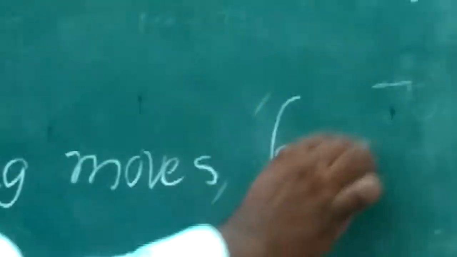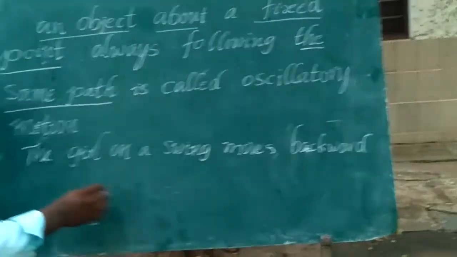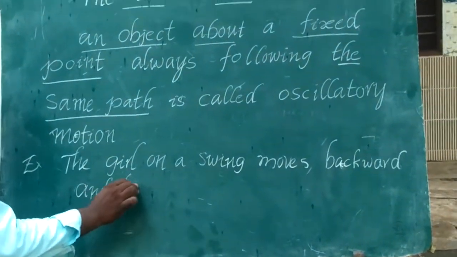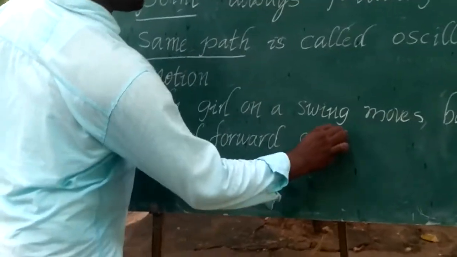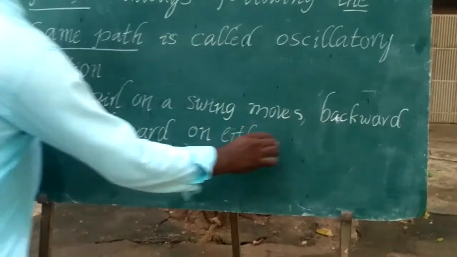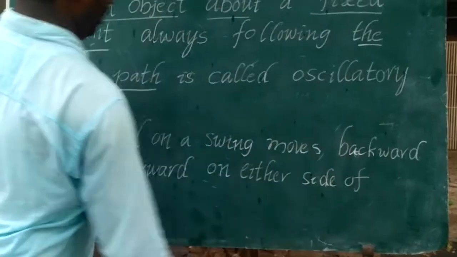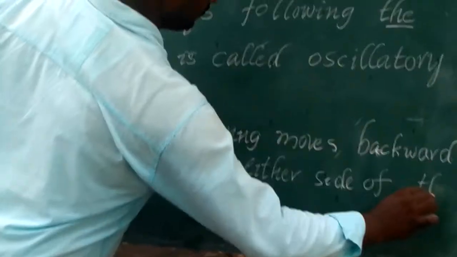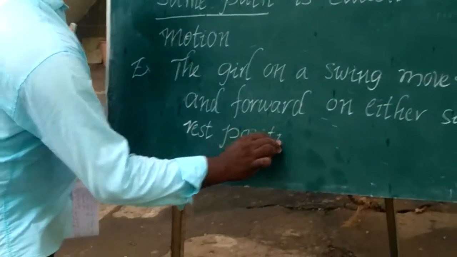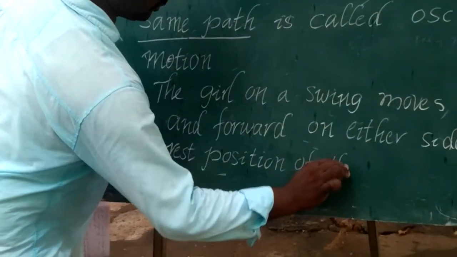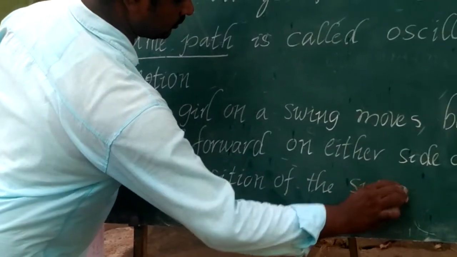The girl on a swing moves backward and forward on either side of the rest position of the swing.